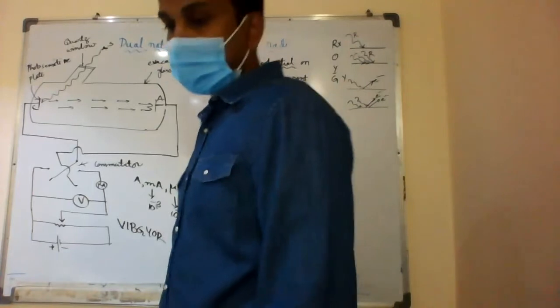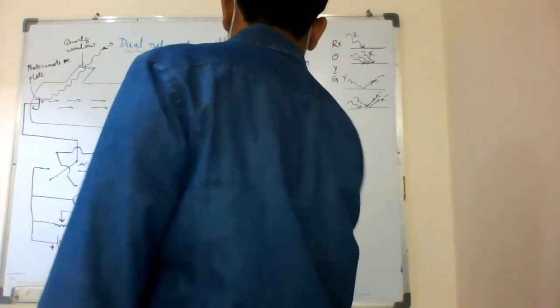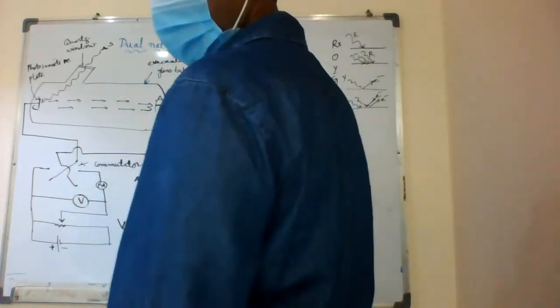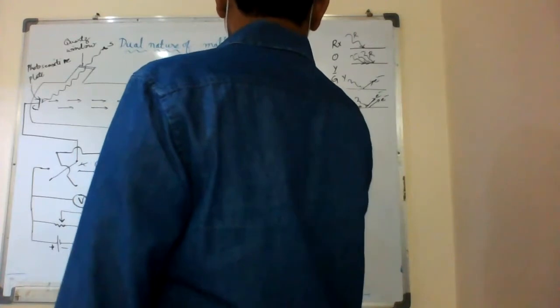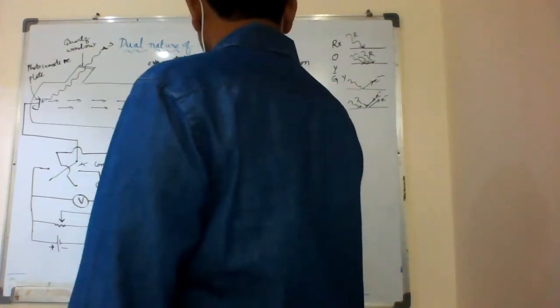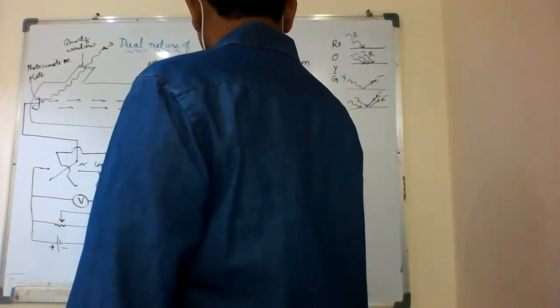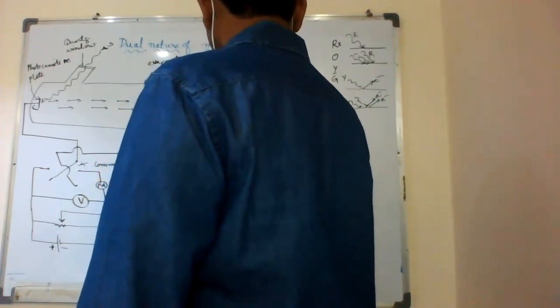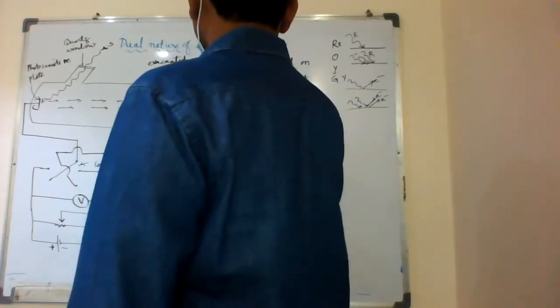So the graph goes like this. If you look at the graph, collector plate potential, photoelectric current. This is minus V0. This is 0. This is photocurrent.